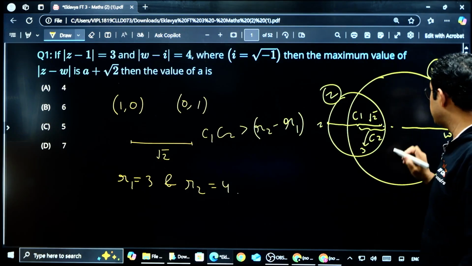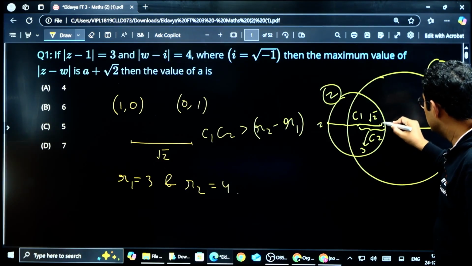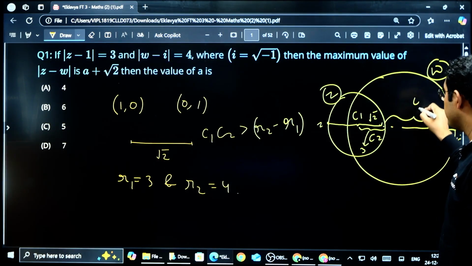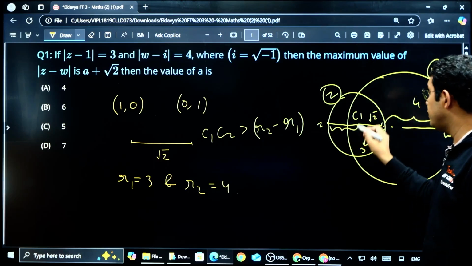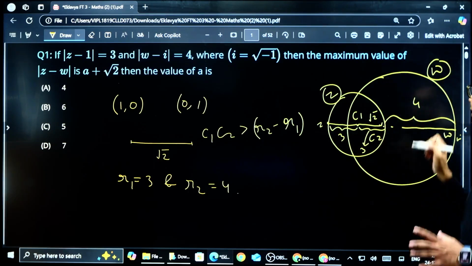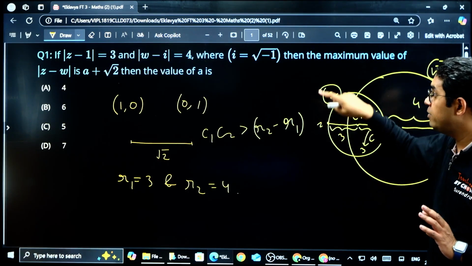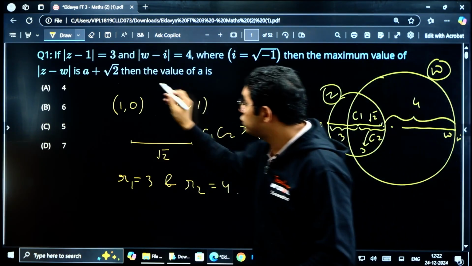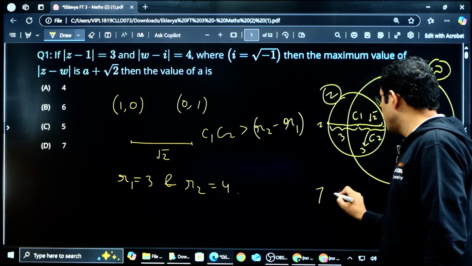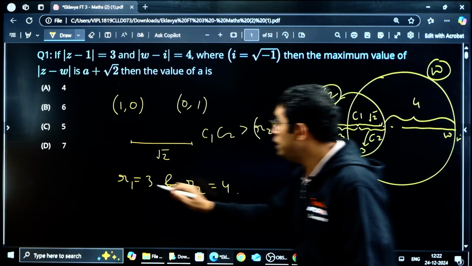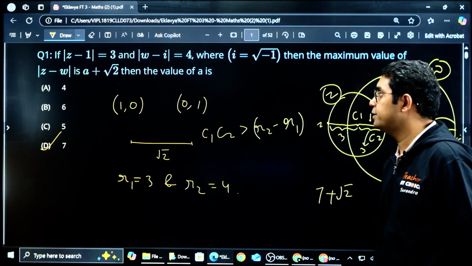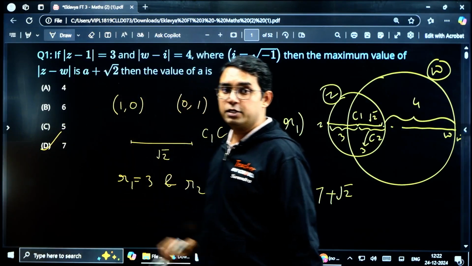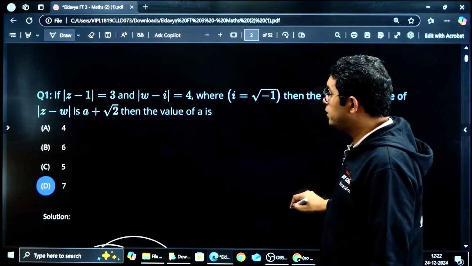In this case, this is C2, so the distance from here to here will be 4, and this is C1, so the distance from C1 to this z will be 3, and in between it is root 2. So the maximum value of this modulus will be 3 plus root 2 plus 4, that is 7 plus root 2. So the value of A will become equal to 7. That is the D answer. Okay, moving to the next question, question number 2.